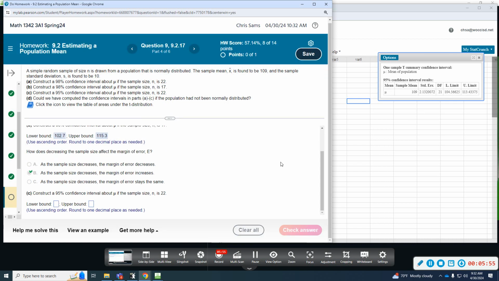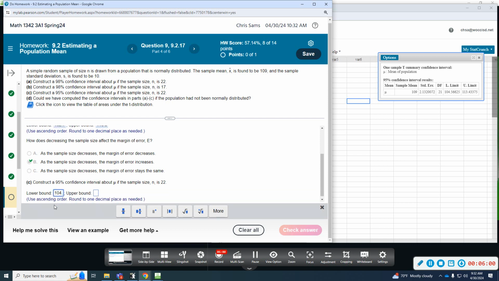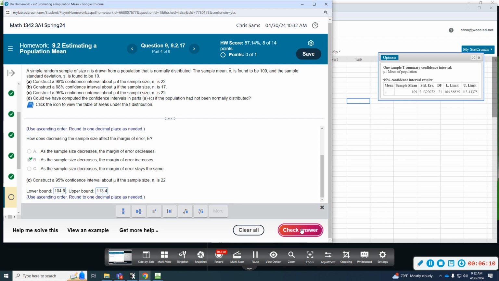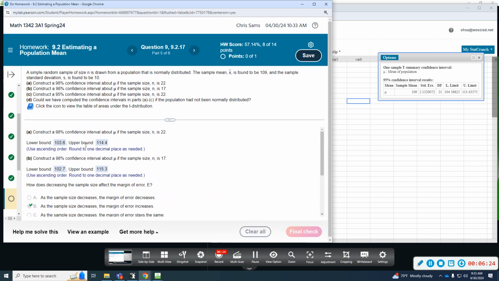And then we got this confidence interval, which is 104.6 and 113.4. And then part 5, it says compare the results obtained in A. How does decreasing the level of confidence affect the margin of error? If we look at this interval, 103 to 114, and this was 104 to 113.